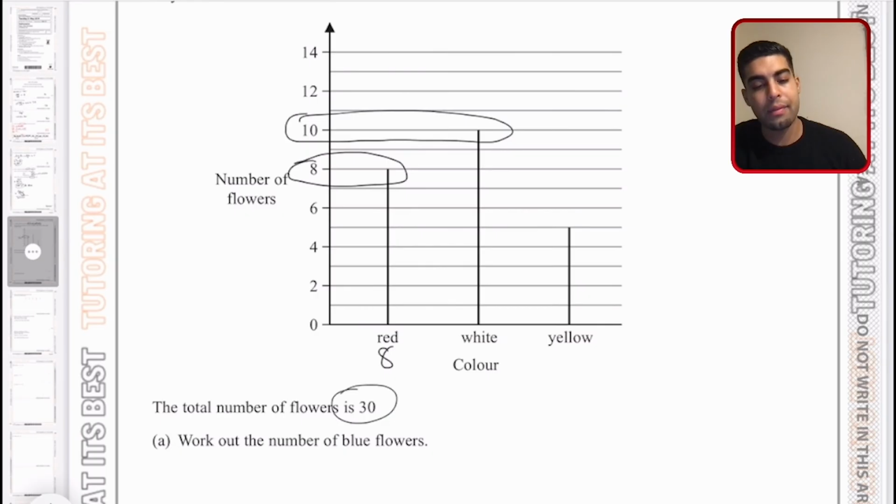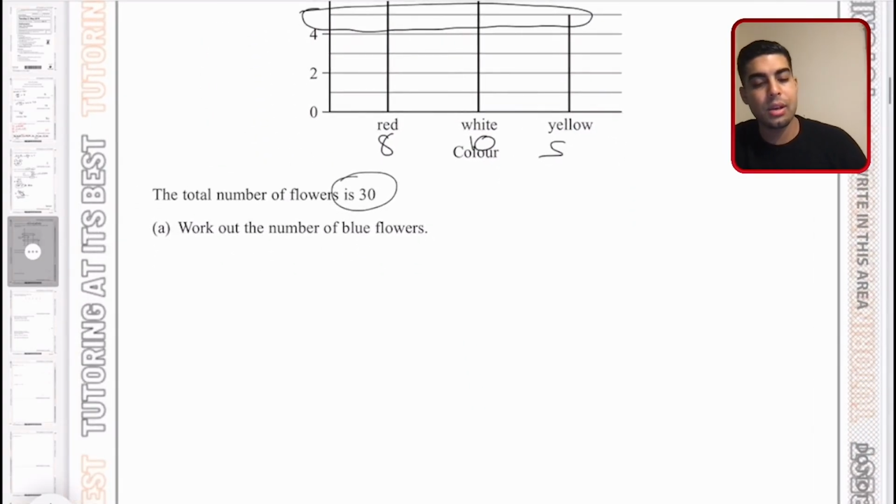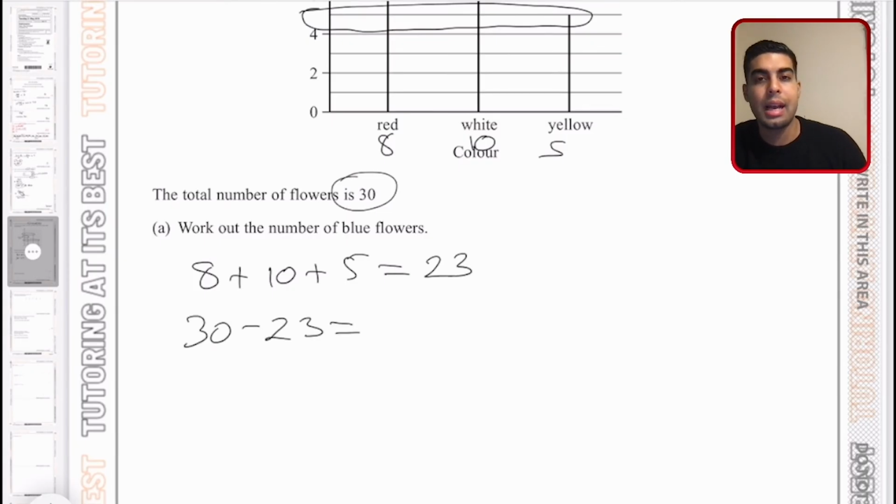We know the number of white flowers is 10. And we know the number of yellow flowers is 5. So let's go ahead and add that up, and that gives us 23. We then need to go ahead and subtract that from 30, and that gives us 7, which again is our answer for the number of blue flowers.